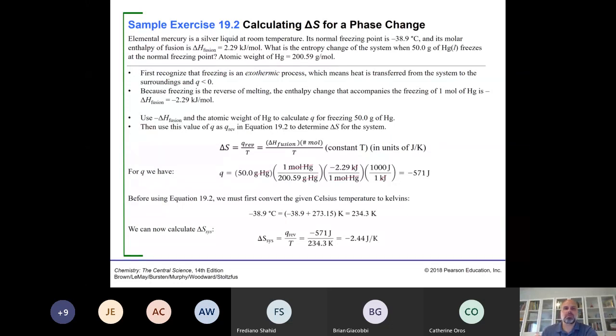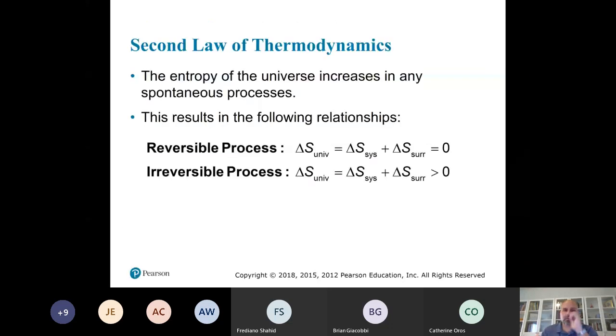If you heat something up, it becomes more disorganized, so it kind of makes sense. We had just started talking about the second law, which basically states the entropy of the universe increases in any spontaneous process. And we talked briefly about the reversible and irreversible processes.